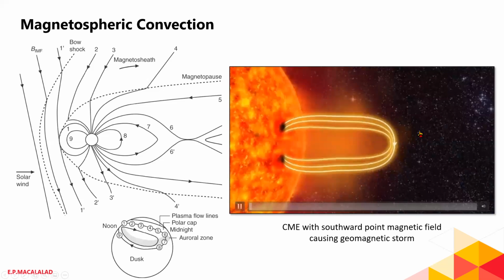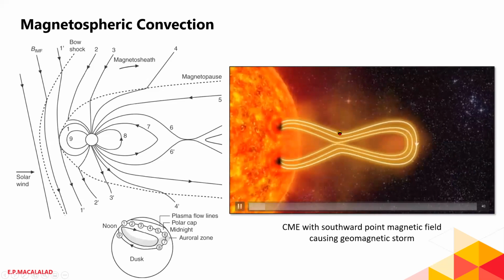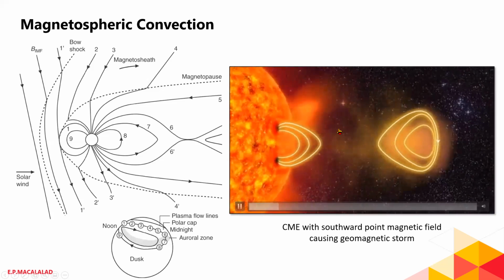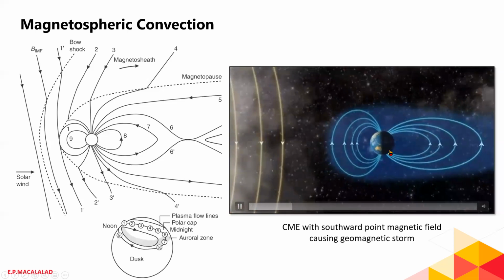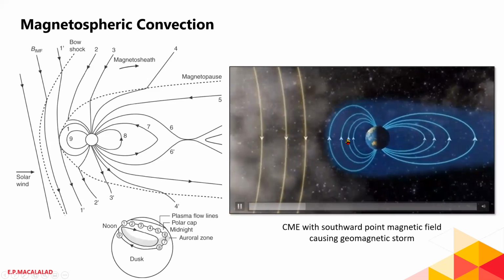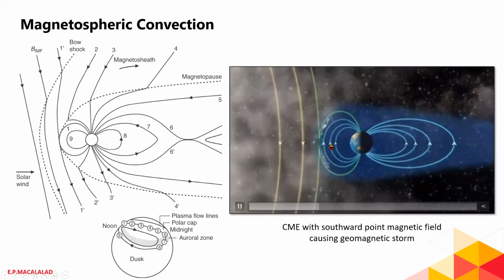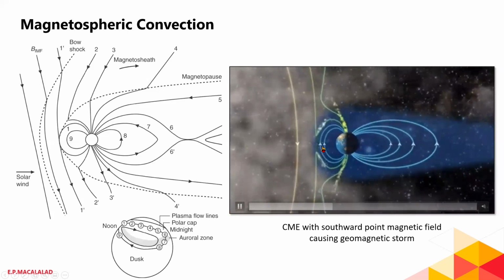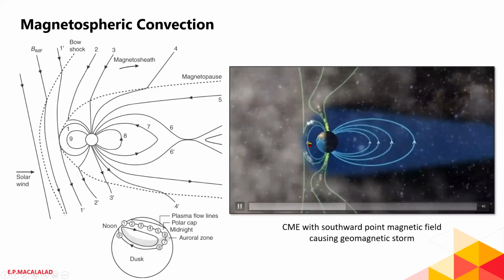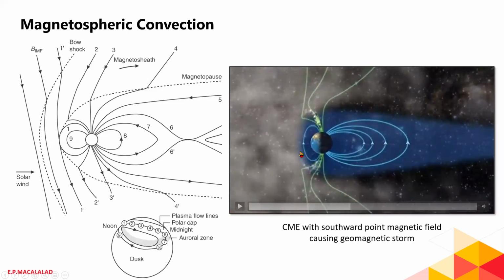Okay. Now, this is an example of a geomagnetic storm. So, for example, if you have a geomagnetic storm like this, you will notice that the magnetic field of the Earth is actually affected. In fact, during the storm, the magnetic field, especially at the equator, is actually reduced, shown by the decreased number of magnetic field lines.